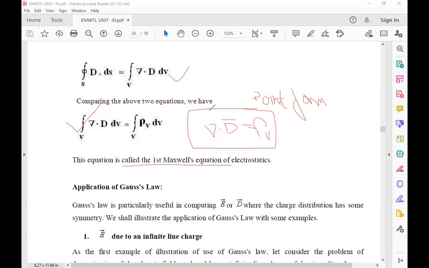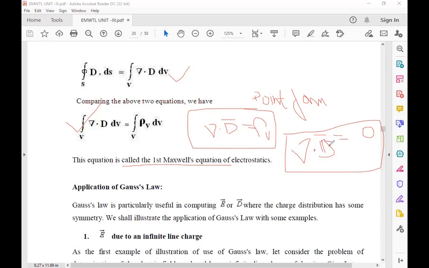Got it, my students? And the remaining: there is a second Maxwell's equation, a third, and a fourth Maxwell's equation, which is the modified Ampere circuit law. This one is the Gauss law for electric field. The Gauss law for the magnetic field is also there: del dot B bar is equal to 0. This is another Maxwell's equation.